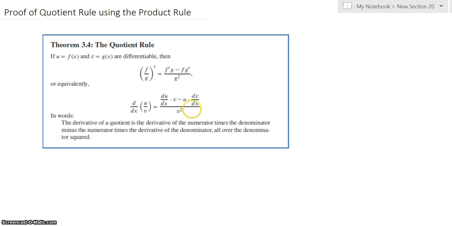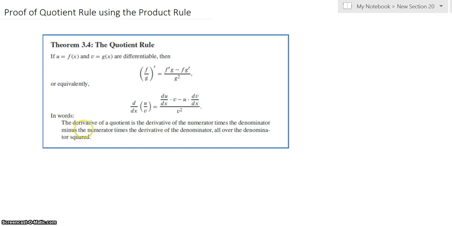Or equivalently, in our alternate form, the derivative with respect to x of u over v is the derivative of u times v minus the other way around, u times the derivative of v. We have a minus there, unlike the product rule where there's a plus, and we also divide by v squared.